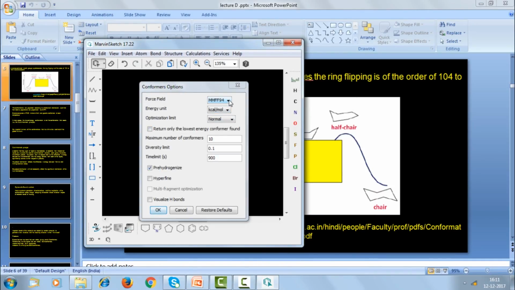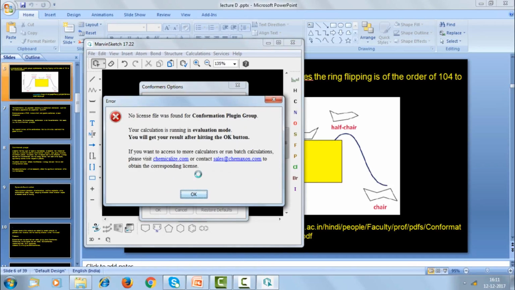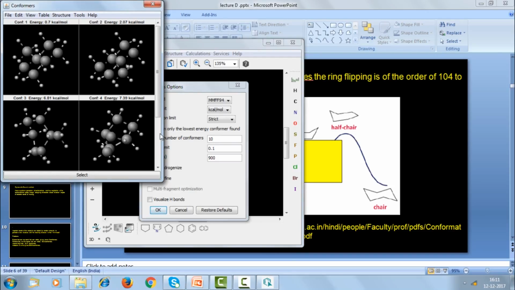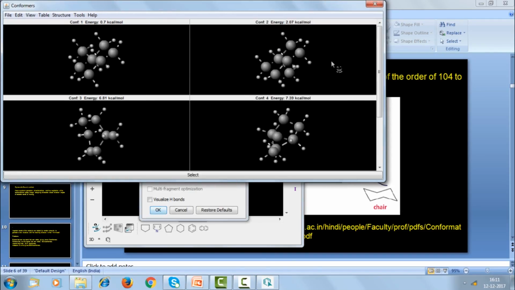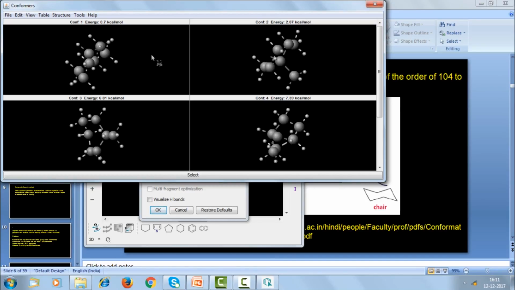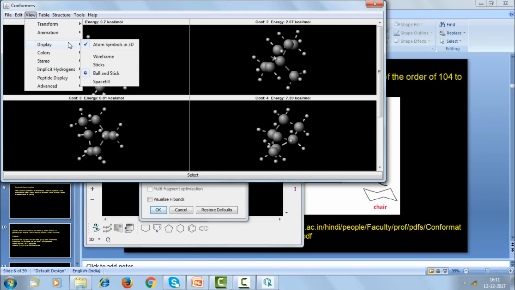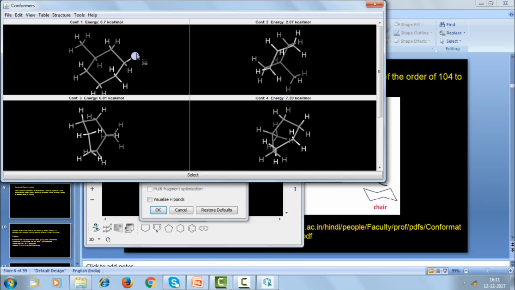MMFF energy optimization limit is normal. We can give a strict optimization also. By doing that, we can see this particular conformation is quite low energetically.